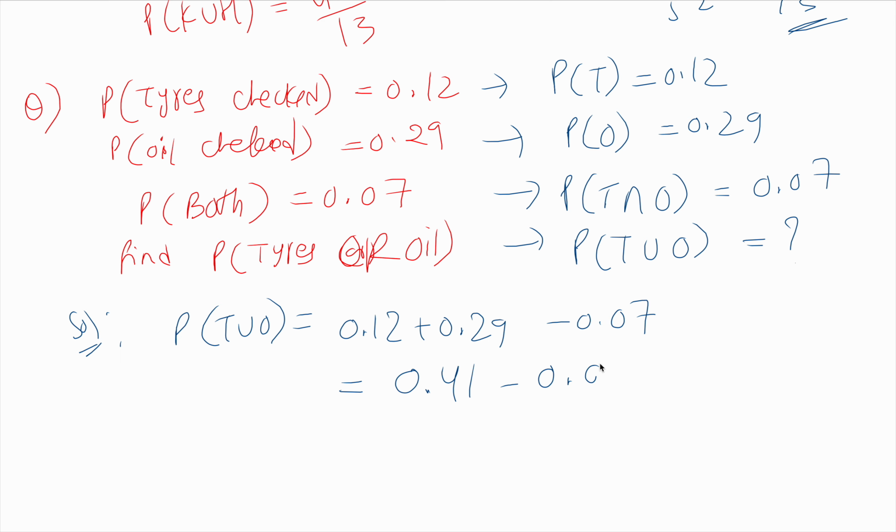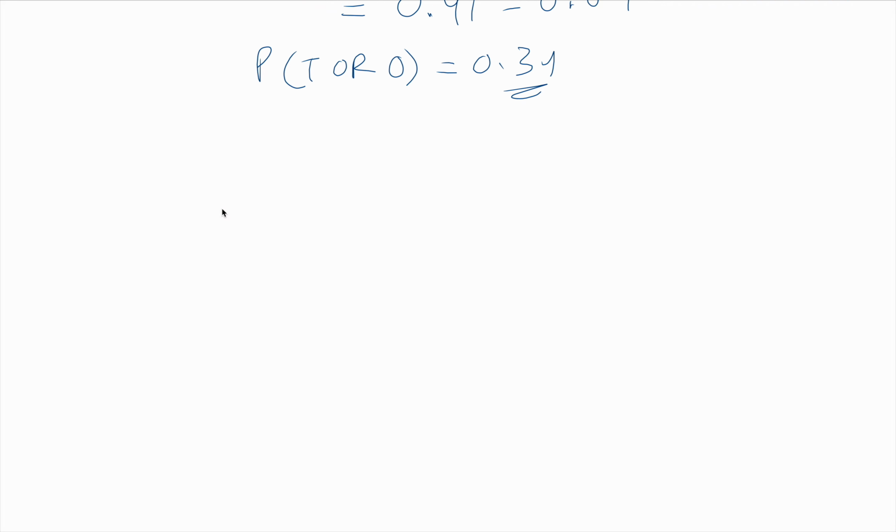So the probability of tire or oil is 0.34, which is the required answer. Okay, we move to the next question.